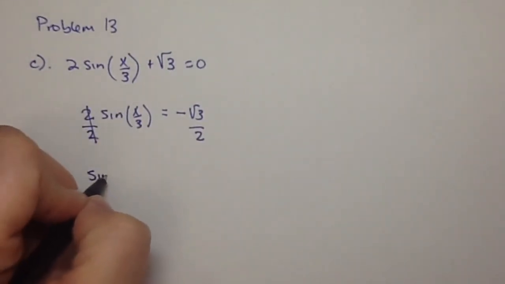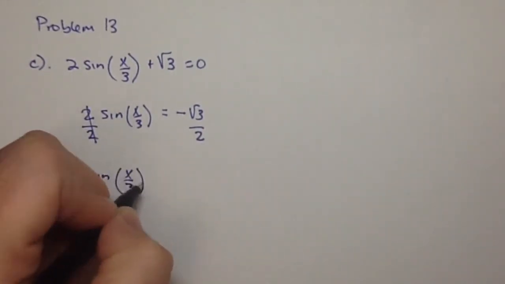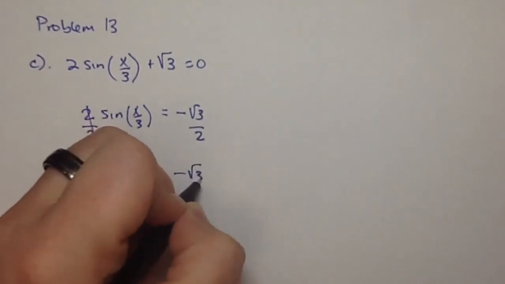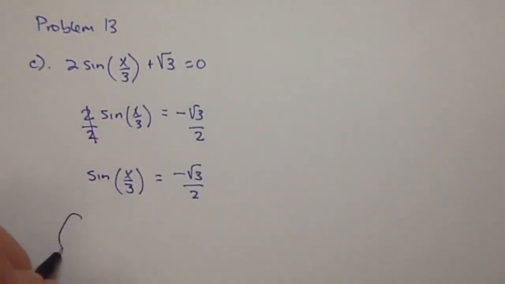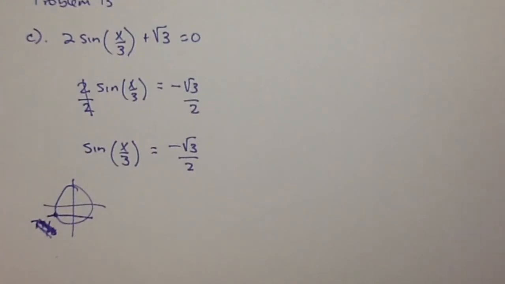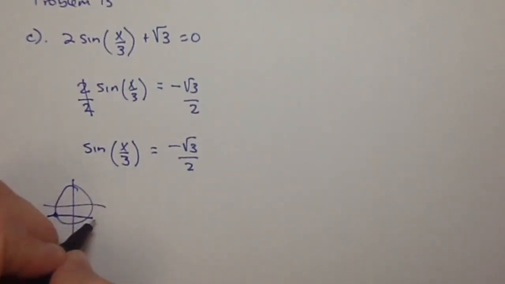So we have the sine of some angle is equal to negative square root of 3 over 2. Well, when does that happen? So when does the sine of this angle equal negative square root 3 over 2? That's 4 pi over 3 and 5 pi over 3.